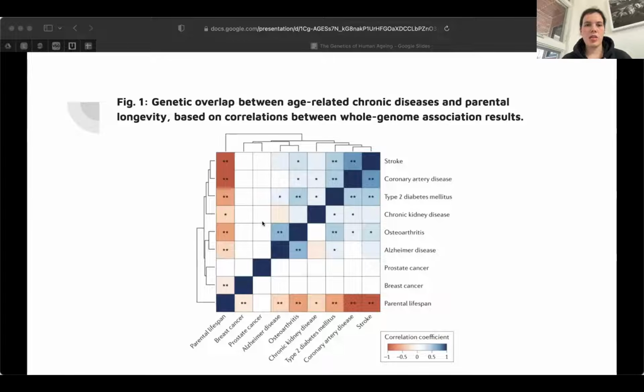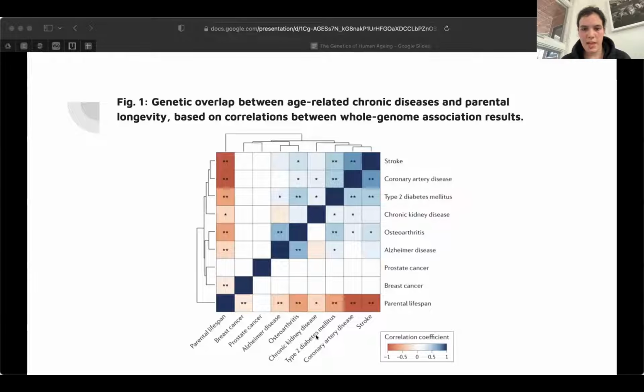And so genetic correlations here were gathered from the linkage disequilibrium score regression methods that were mentioned earlier in our definition section. And so statistically significant correlations were illustrated with an asterisk.